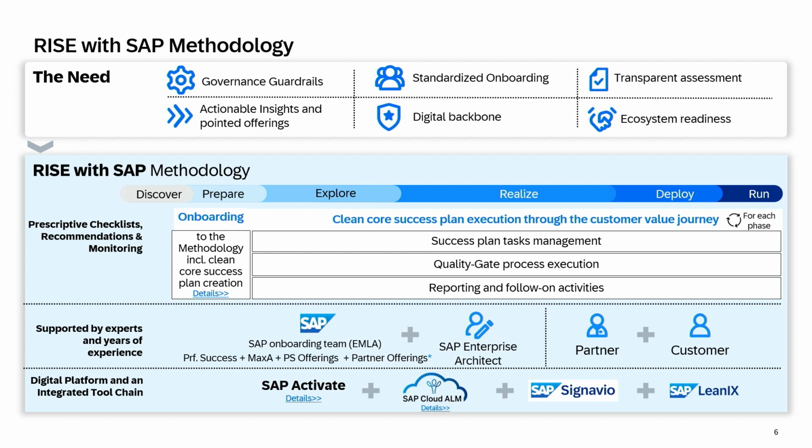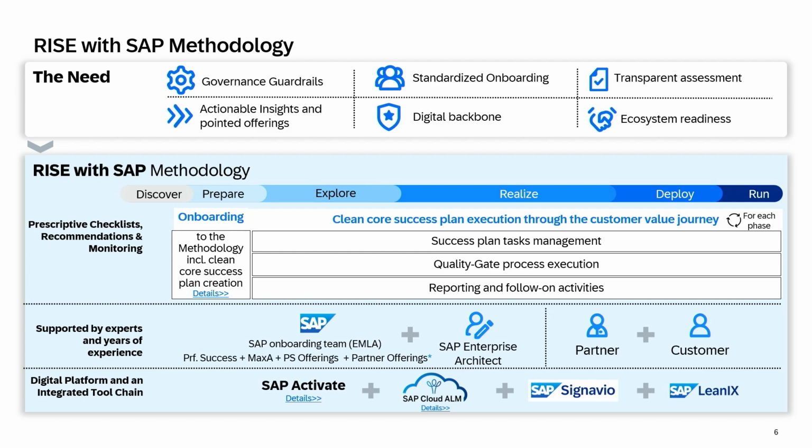The onboarding experts also support you until you finish your prepare phase and you are ready to submit your quality gate output. And once this onboarding support is completed, you have access to your enterprise architect who is going to help you along the next stages of your journey.